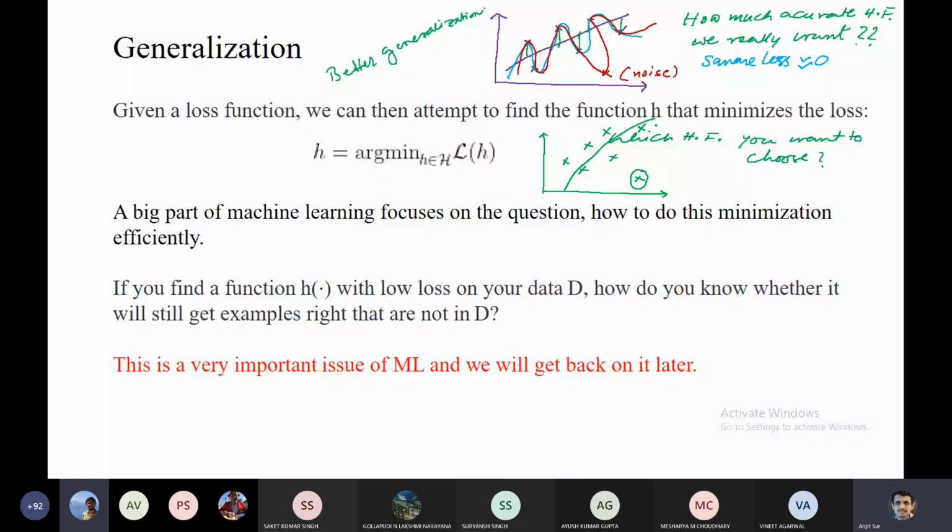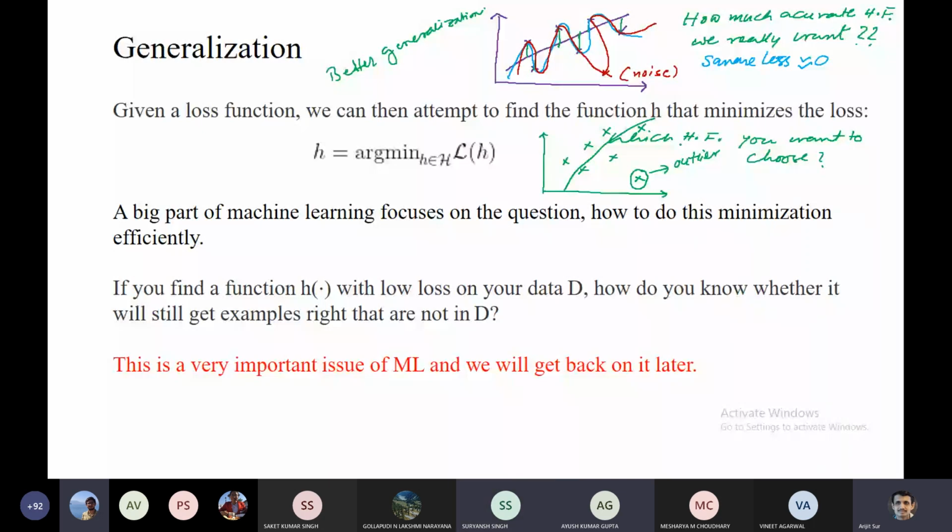Maybe it's a valid point, but maybe it's noise, an outlier. We don't know, so the curve is synchronized with most of the data points for the sake of generalization.